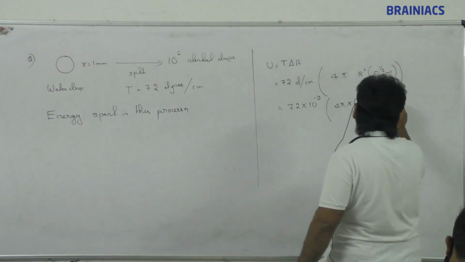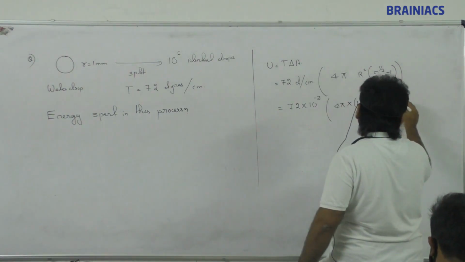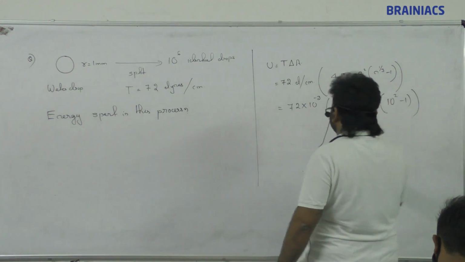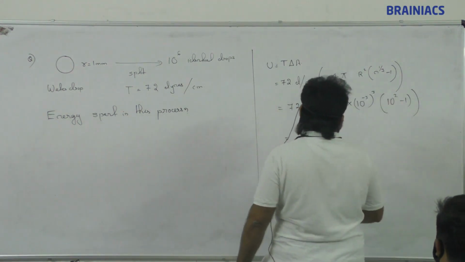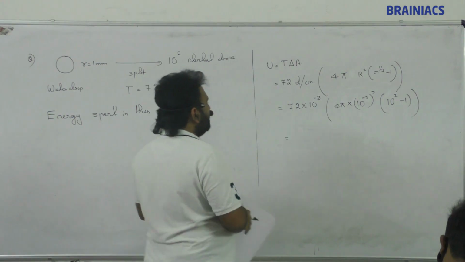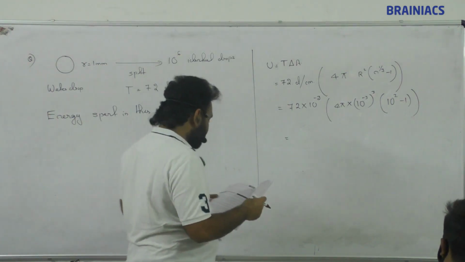So 10 square minus 1. Just simplify this, how much will we be getting, children?